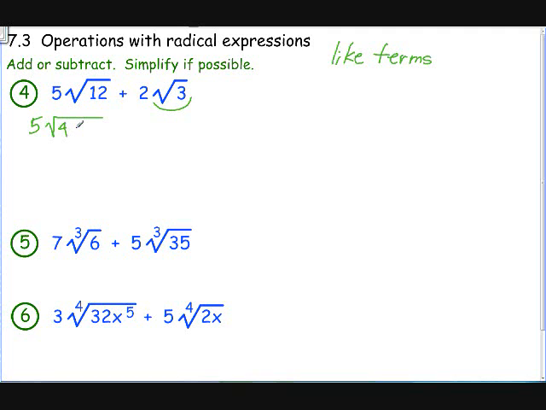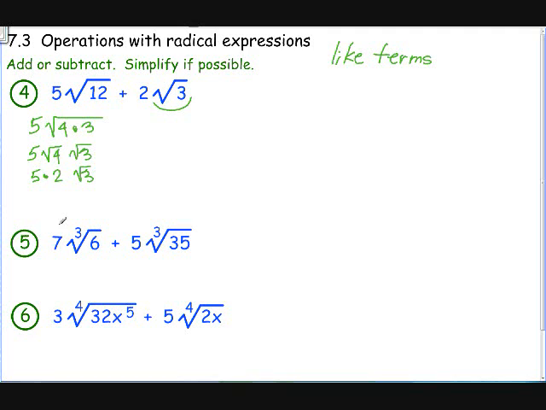Here we go. 4 times 3, which is the same as 5 times the square root of 4 times the square root of 3. See where we're headed, don't you? This is so great. 5 times 2, the square root of 4, times the square root of 3.